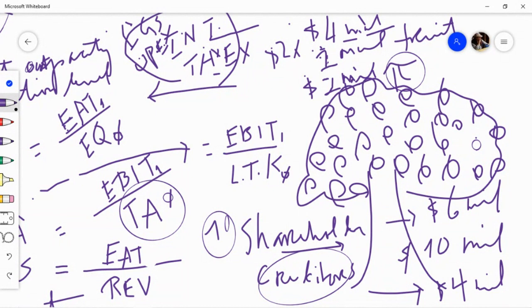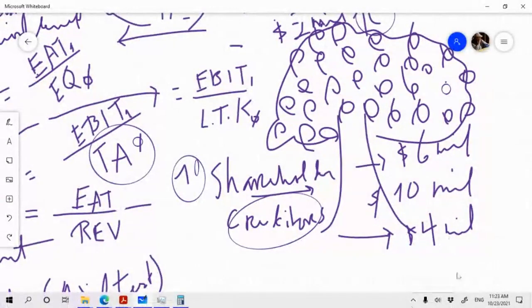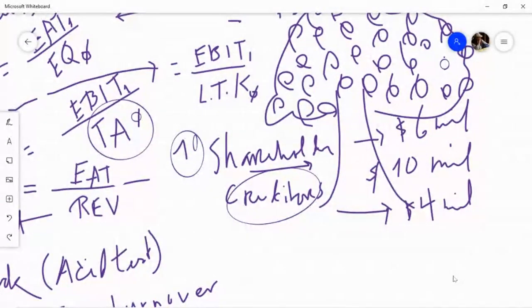As long as they have positive EBIT, that's where the times interest earned ratio comes in.